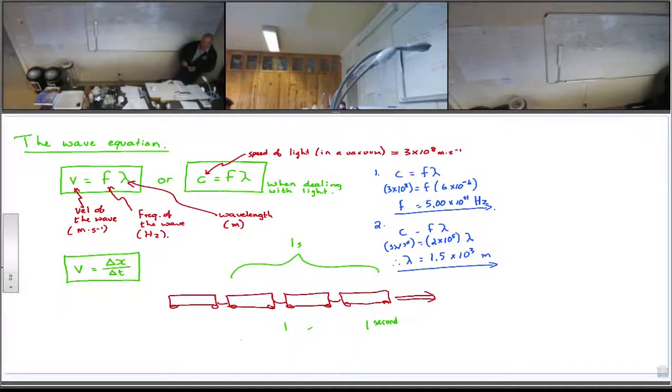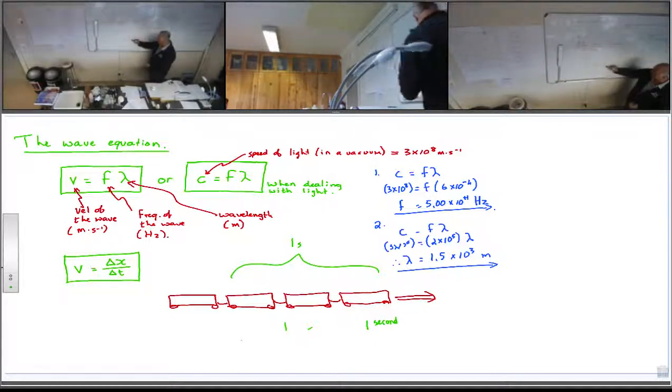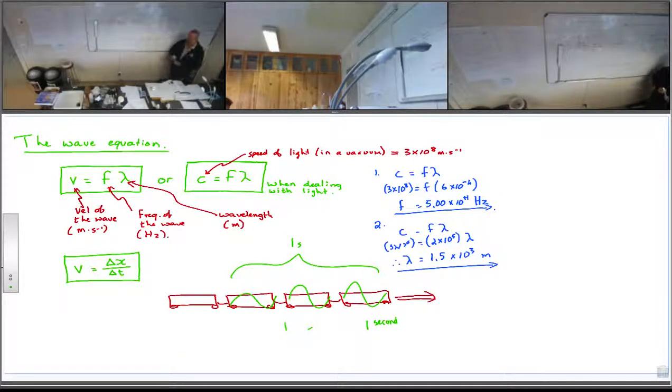That would be the frequency, the number of carriages, and you can think of a carriage as a wave. So it would also be the number of waves that go past in a second. How long would it take just 1 carriage to go past?